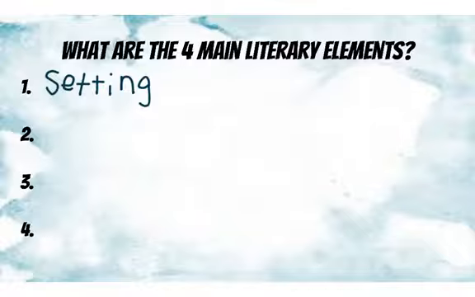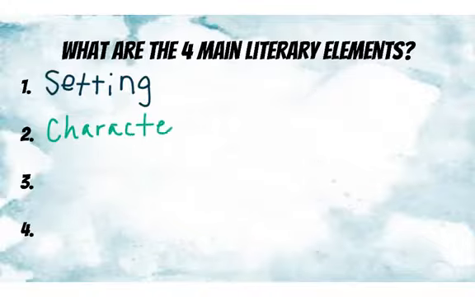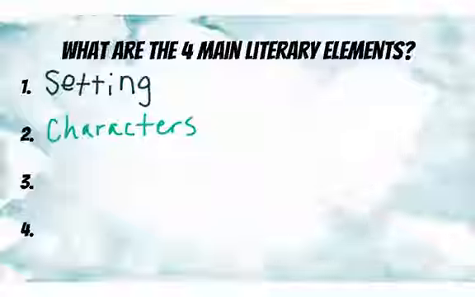The second literary element we talked about were characters. Can you remember what characters were? You got it. It's the people or the animals or the creatures in a story.